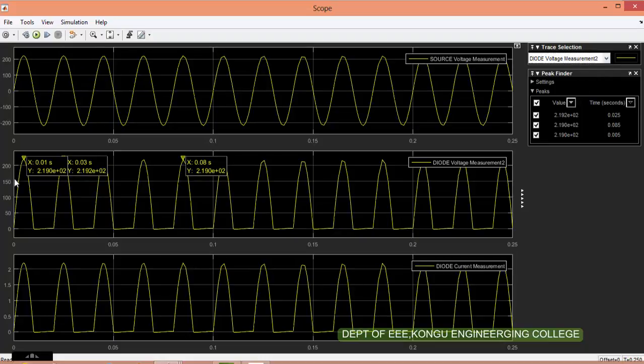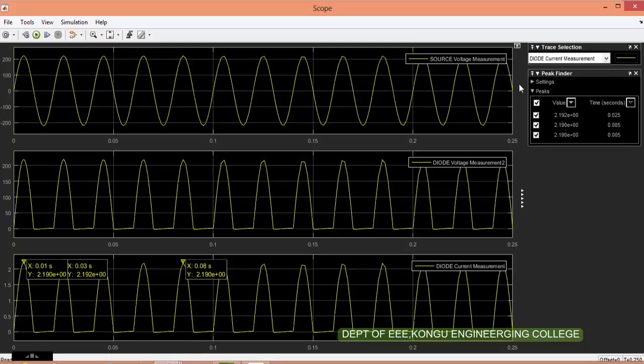Now you have enabled peak finder for the second waveform. Now I will enable the peak finder for the third waveform. By using this, the scope by itself will give you the values. We don't need to measure the peak values physically by ourselves. By using this button, you can have the values measured by the scope itself.